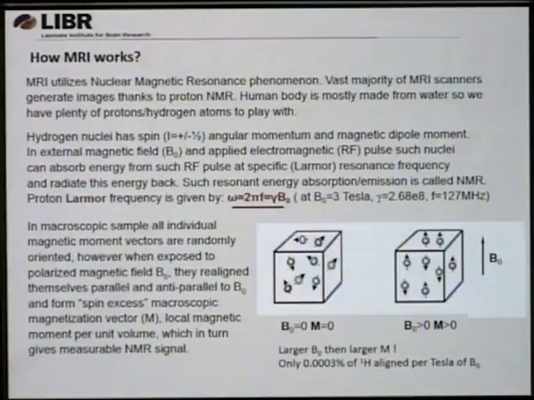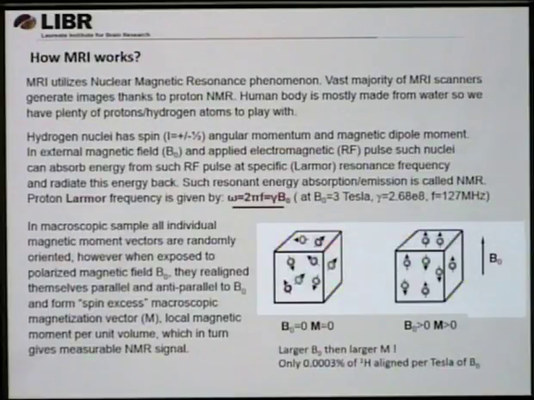However, if I put myself into a strong magnet, suddenly I induce some order inside those randomly oriented spins. Some of them are aligned parallel, and some of them anti-parallel, to this external magnetic field, which is the MRI machine, this strong big magnet.